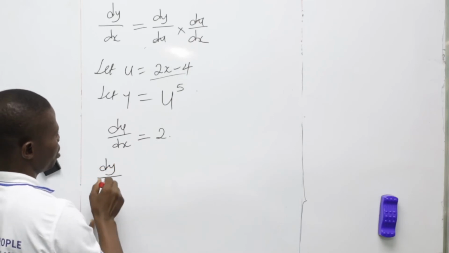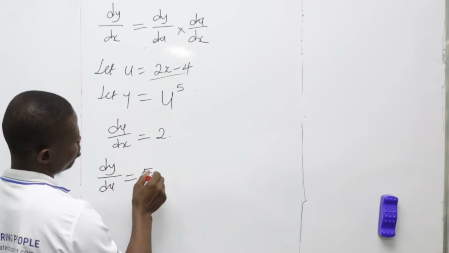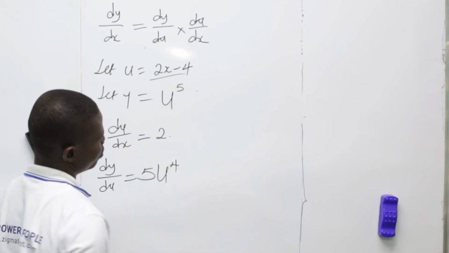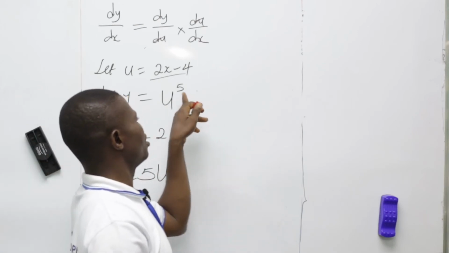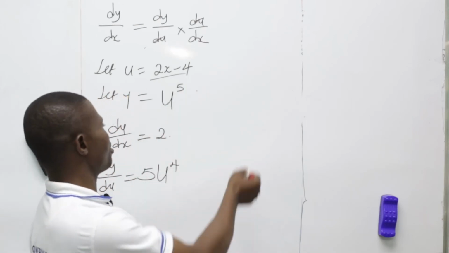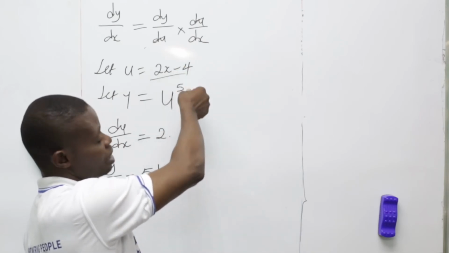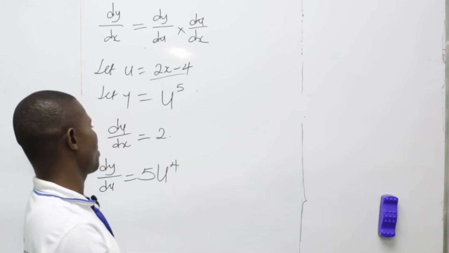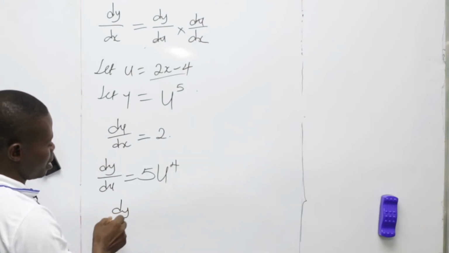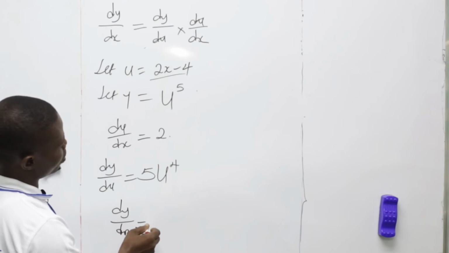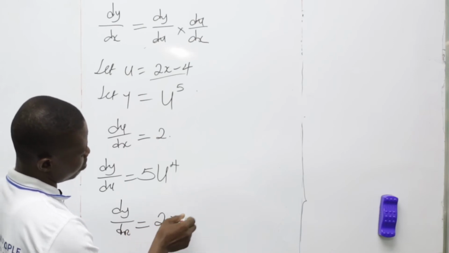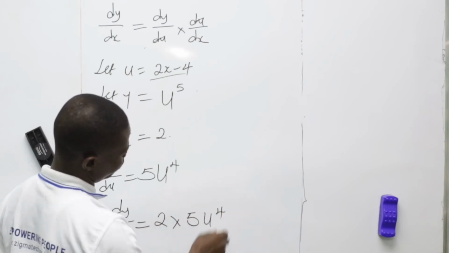Then dy/du equals 5u to the power 4. Remember our general formula: you bring down the power 5, then 5 minus 1, which is the 4 here. So dy/ds now equals 2 multiplied by 5u to the power 4.